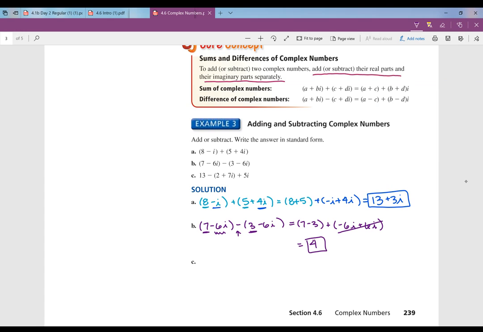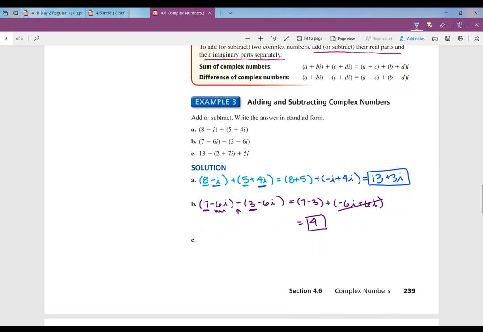Okay, and one more example. So for C, we have 13 minus 2 plus 7i plus 5i. Okay, so first we're going to combine our real parts. So we have 13 minus 2.